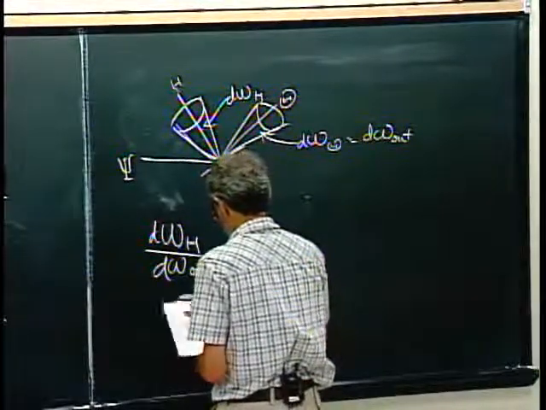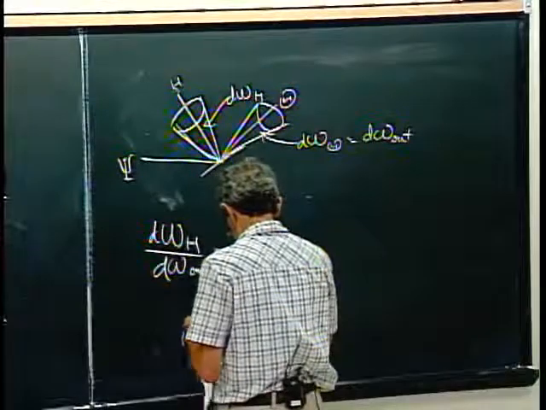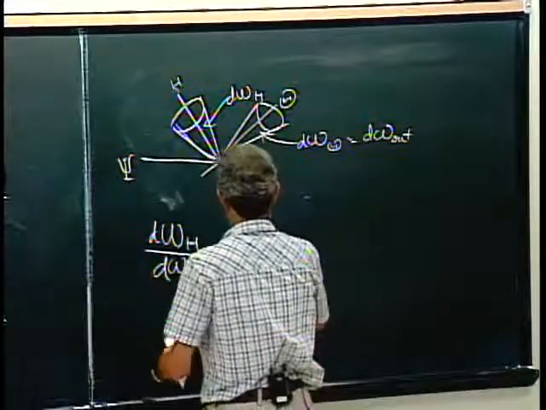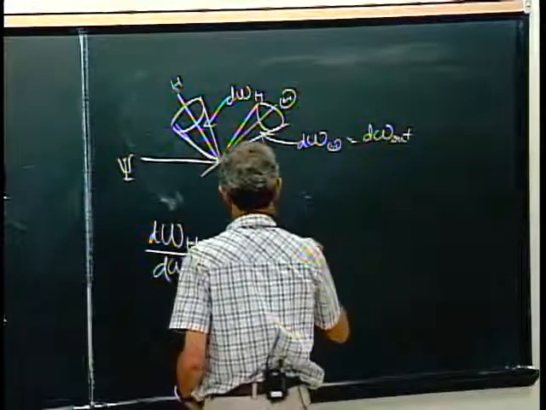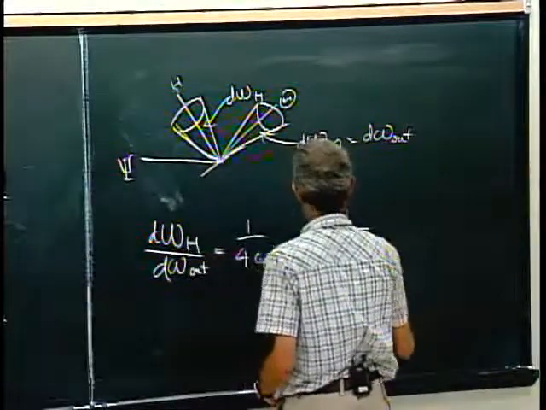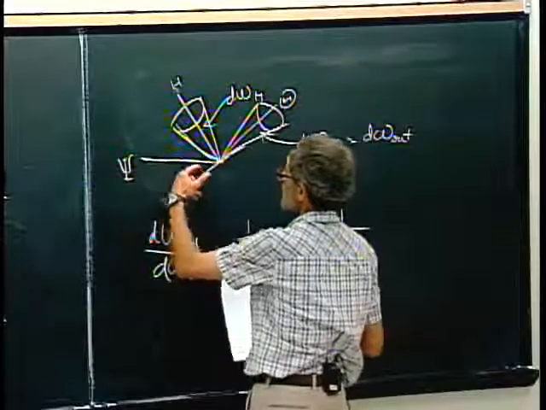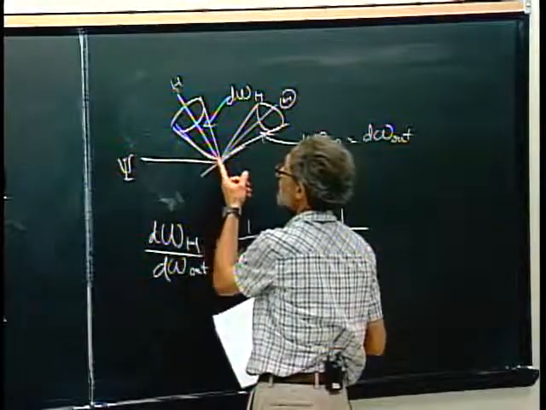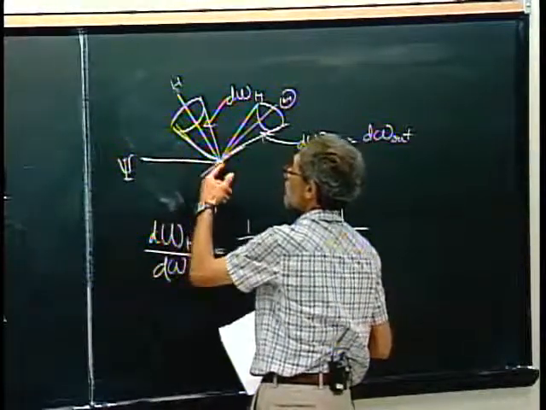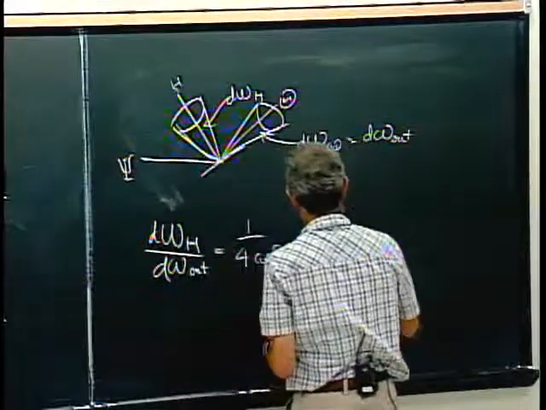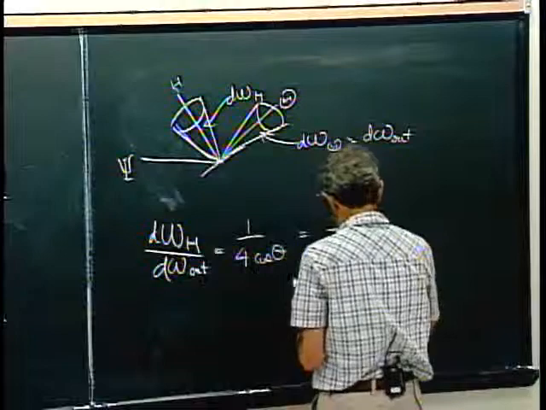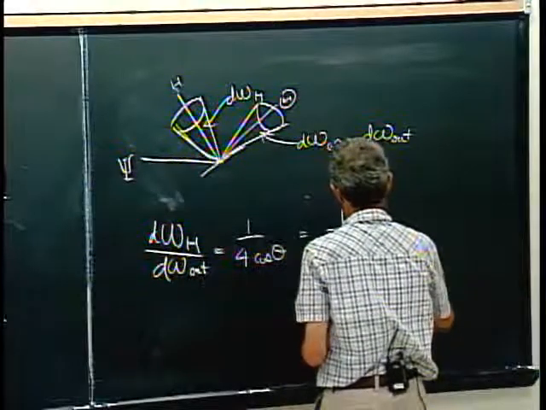Let me just see if my notes agree with that. 1 over 4 cosine of theta, which is, since theta was the angle between the incoming direction and this normal, remember on the other board this was the North Pole, and this was the h that I was talking about wiggling, this cosine theta is going to be n dot psi.